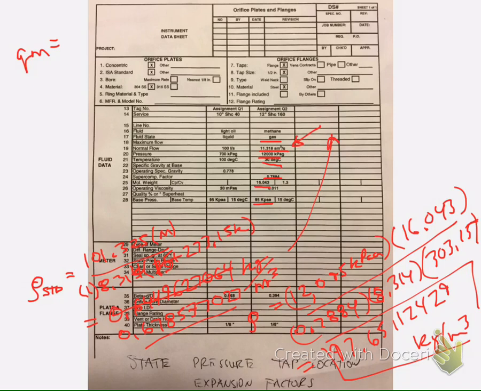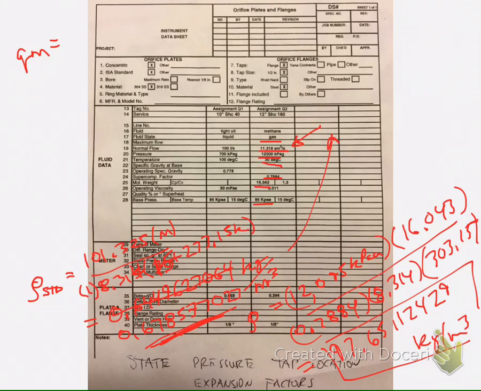11.318. This is in standard meters cubed per second, at standard conditions, and the density is in kilograms per meter cubed. So we multiply by that value to give us kilograms per second. So multiply by 0.678537027, and then I get 7.67. I need to put this in kilograms per hour, so multiply by 3600.